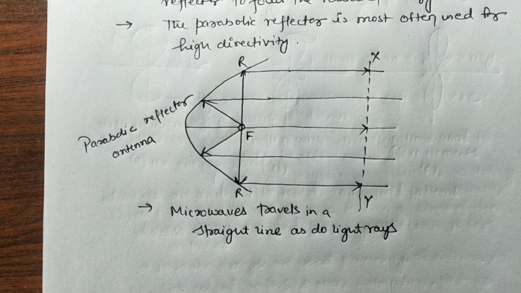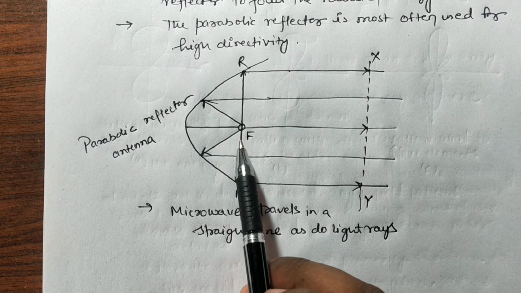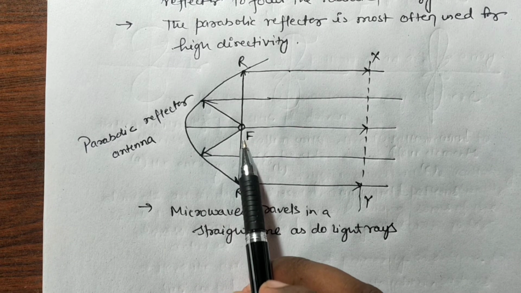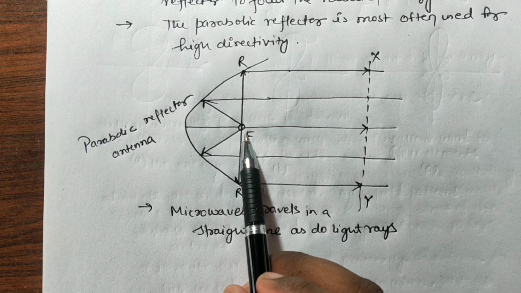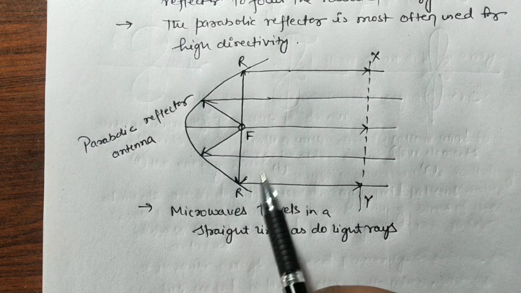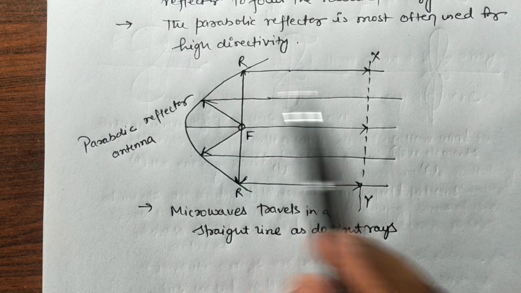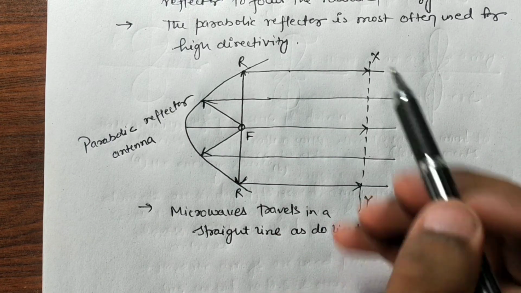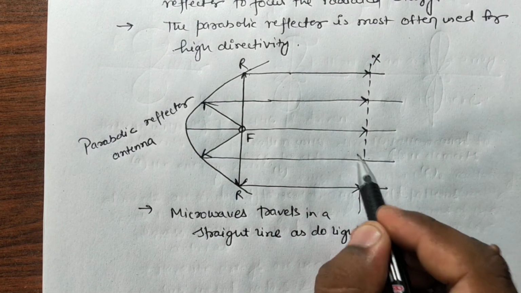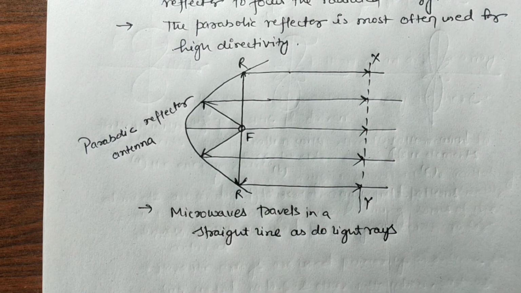So a microwave source I am placing at this focal point F. The field leaves this antenna surface and it is phase shifted by 180 degrees.